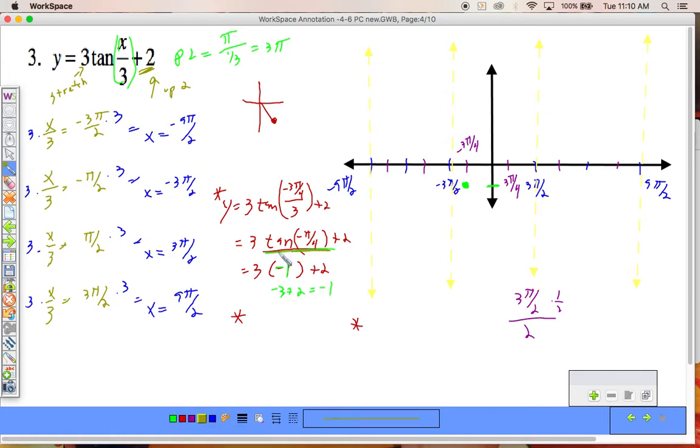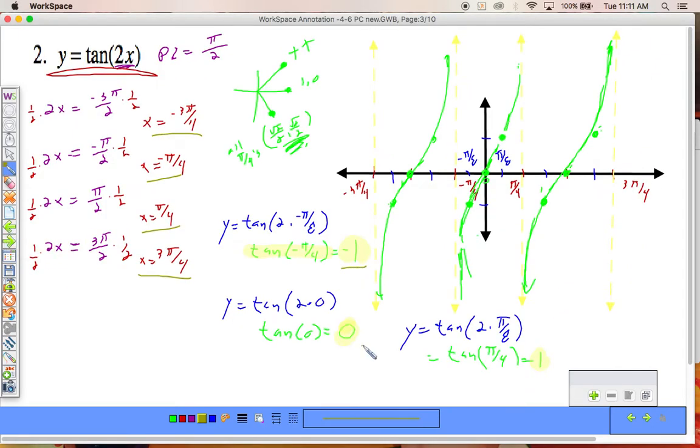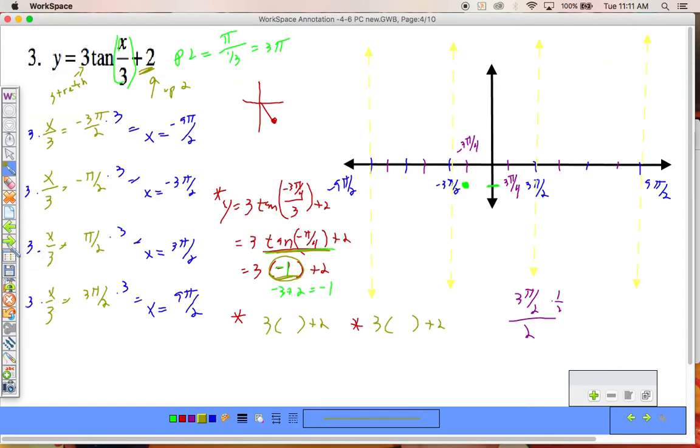When I took the tangent of my first one, I got an answer of negative 1. So that means my second one and my third one are going to be pretty simple. So if this first answer is negative 1 like it was here, my second answer is 0. So I'm going to put a 0 into the tangent part, and then I'm going to put a 1. 3 times 0 plus 2 is 2.